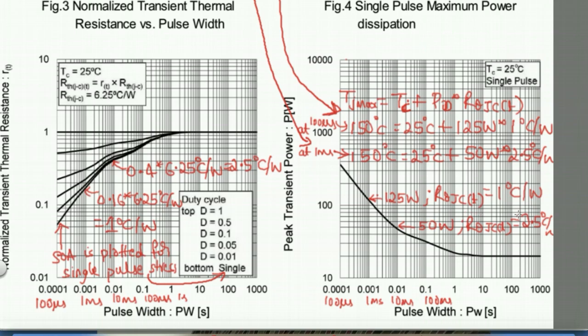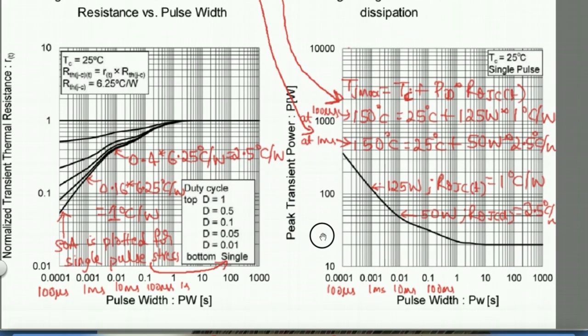The product of 125 watt and 1 degree Celsius per watt will lead to 125 degree Celsius rise in junction temperature on top of the case temperature of 25 degrees Celsius, where we will end up at a max junction temperature of 150 degrees Celsius. And at 10 millisecond, it is 50 watt pulse power dissipation, and then the applicable junction to case thermal resistance is 2.5 degrees Celsius per watt.